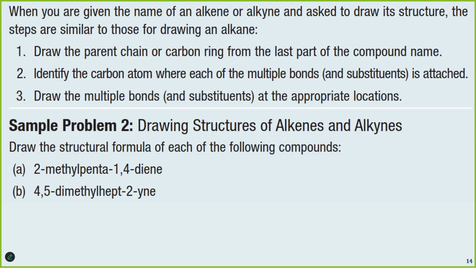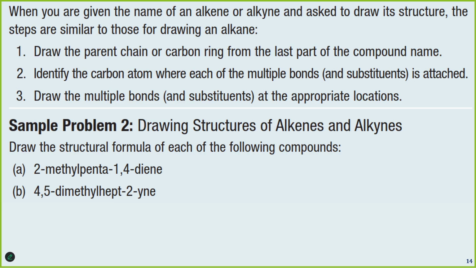Step 1. Draw the parent chain or carbon ring from the last part of the compound name. Step 2. Identify the carbon atom where each of the multiple bonds and substituents is attached. Step 3 is to draw the multiple bonds and substituents at the appropriate locations.